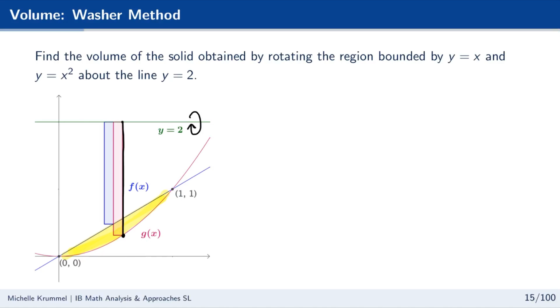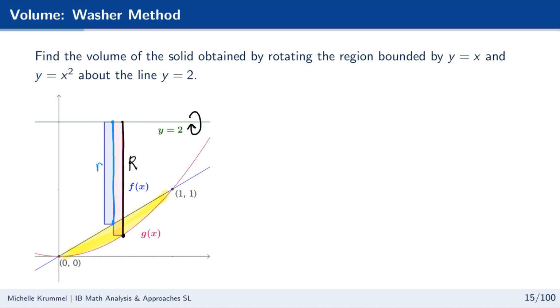So that's going to represent that big R, that outer radius. And when you go to draw your second rectangle, your inner radius, you go from the axis of rotation just to the inner function. And that's going to be your little radius, little r.